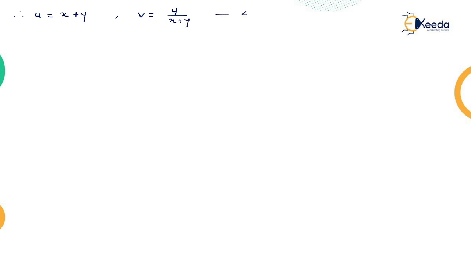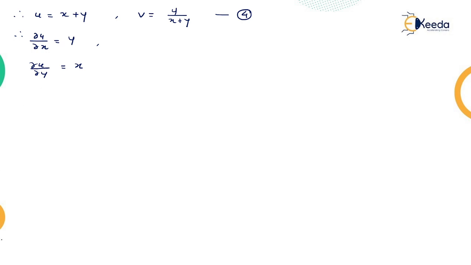So for reference we call that equation number 4. Therefore ∂u/∂x, keeping y as a constant, its derivative is only y. Next, ∂u/∂y is equal to only x.